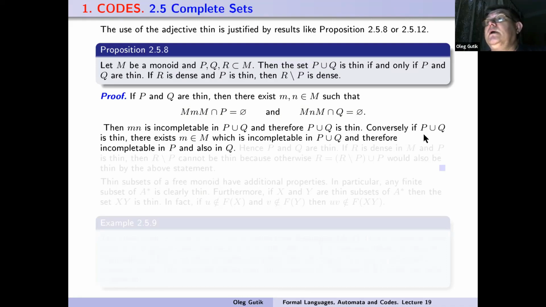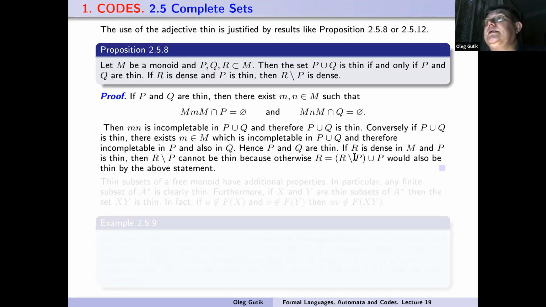Conversely, if the union of P capital and Q capital is thin, there exists an element m from the monoid M capital which is incompatible with the union of P capital and Q capital, and therefore incompatible with P capital and also with Q capital. Hence, P capital and Q capital are thin.